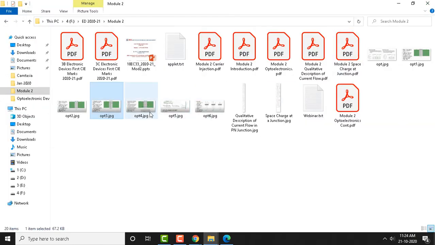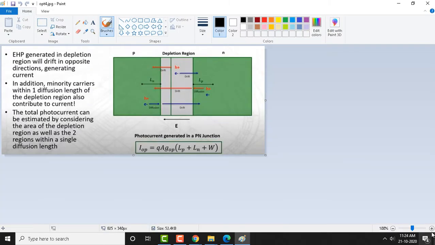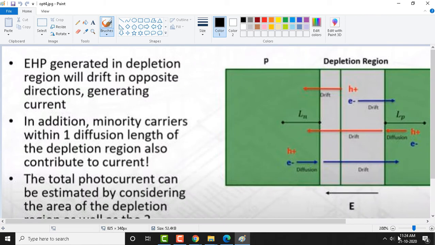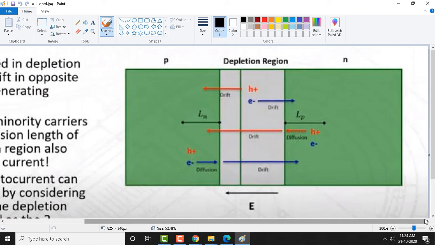Okay. In the next diagram you can see the remaining two regions we are going to analyze. So far we have seen what happens when the photons interact within the depletion region.